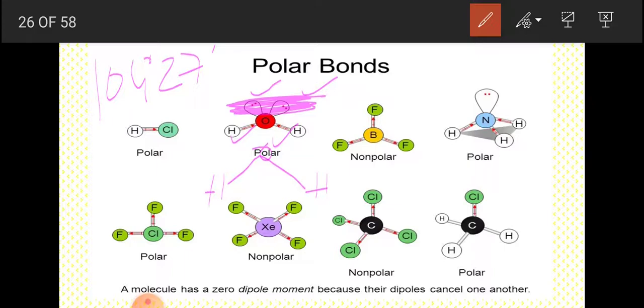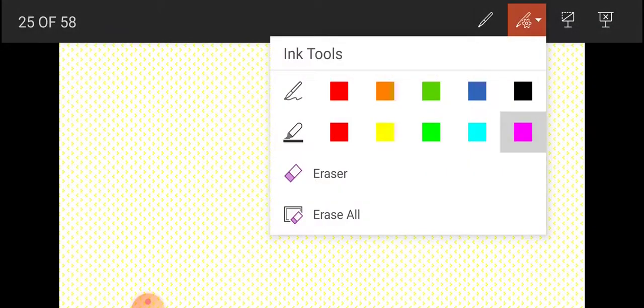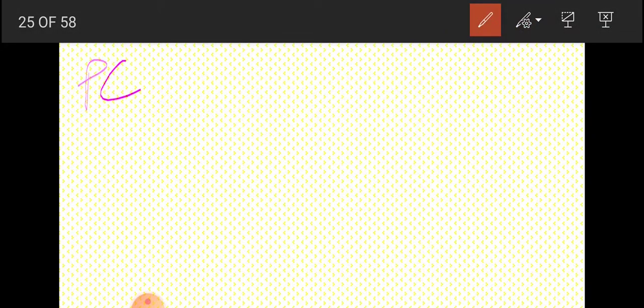Now let's draw the structure of phosphorus pentachloride, PCl5. The central atom is phosphorus.